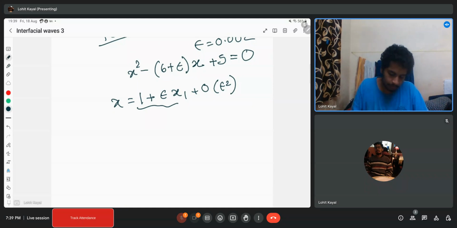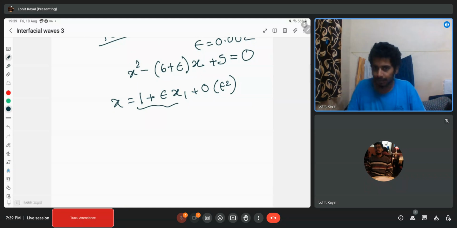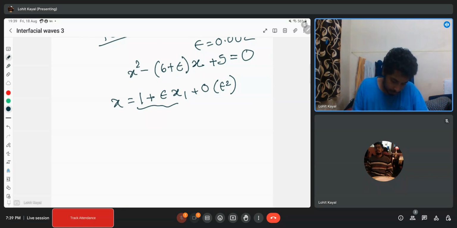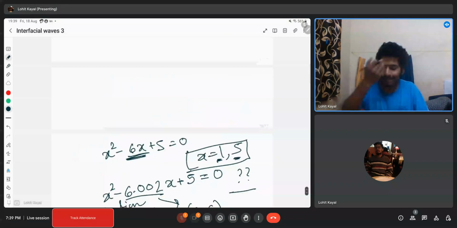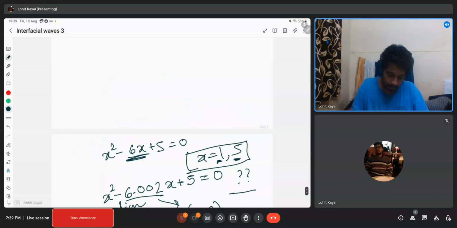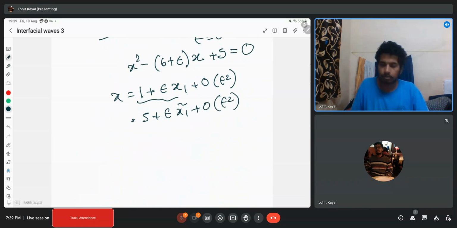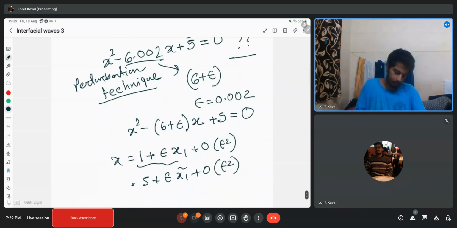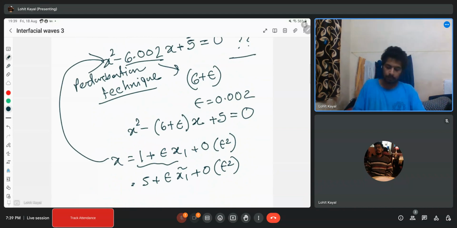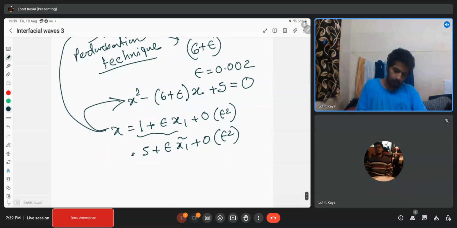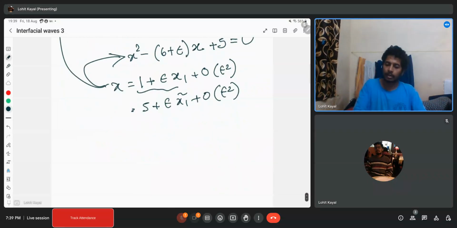Let's stick to the linear order. Another solution may be 5 plus epsilon x1 tilde, plus order epsilon square. This x1 and x1 tilde may be different or the same; in general they should be different. Now we substitute this into the equation. Epsilon is 0.002, that I will put later.